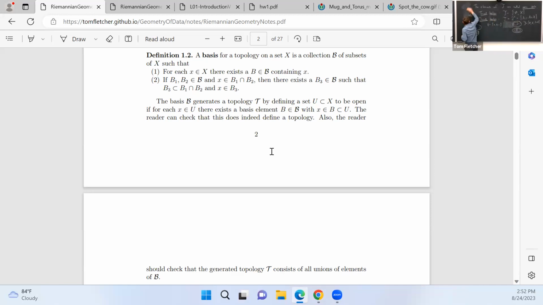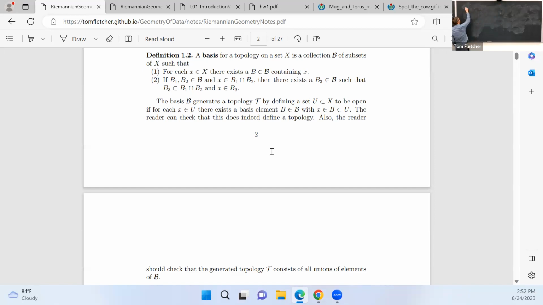So let's make the connection from basis to topology. And it's fairly easy.